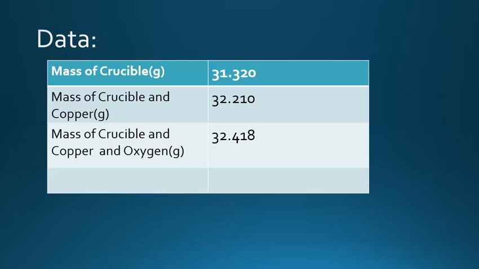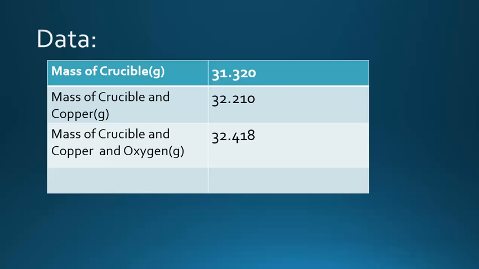Alright, so this is the data that this handsome chemistry teacher got. The mass of the crucible was just 31.320. The mass of the crucible and the copper before it was heated was 32.210. The copper was heated, it reacted with the oxygen, forming copper 2 or copper 1 oxide, and its mass is now 32.418.